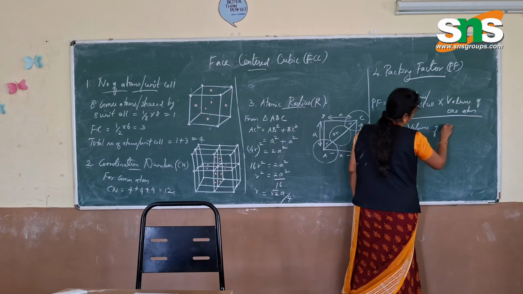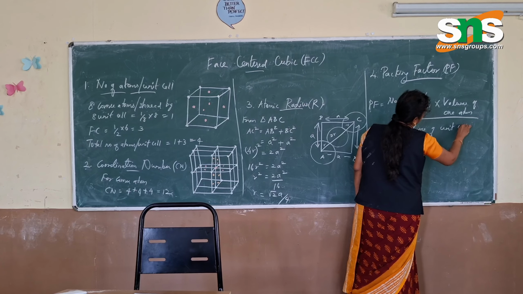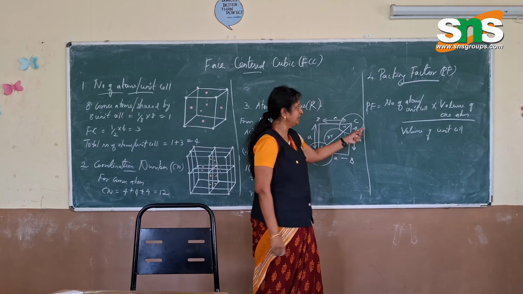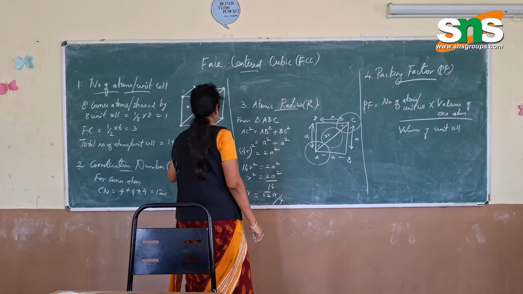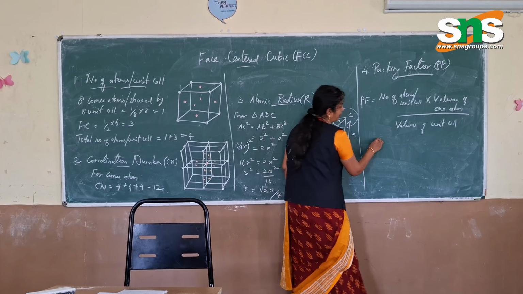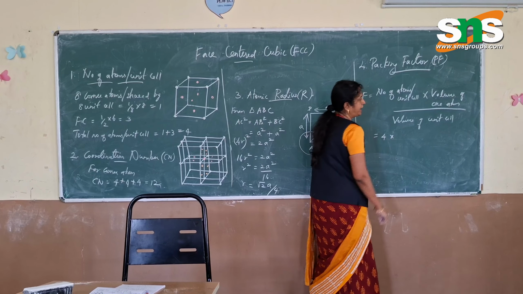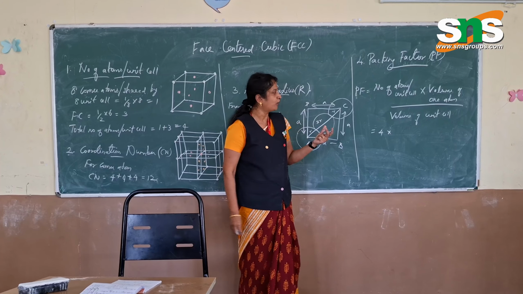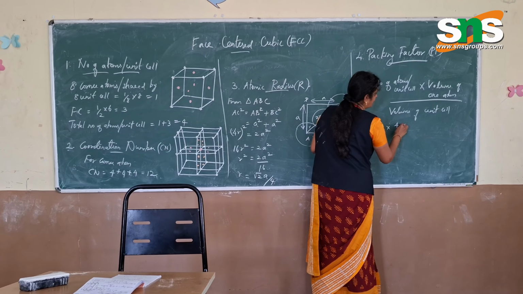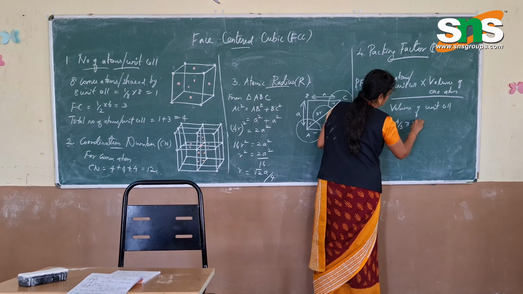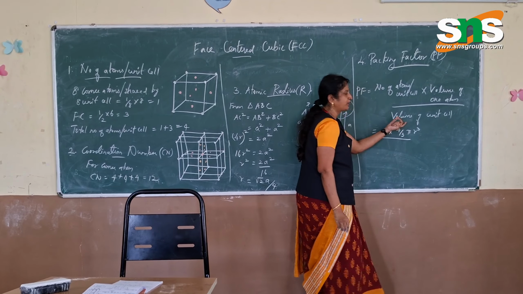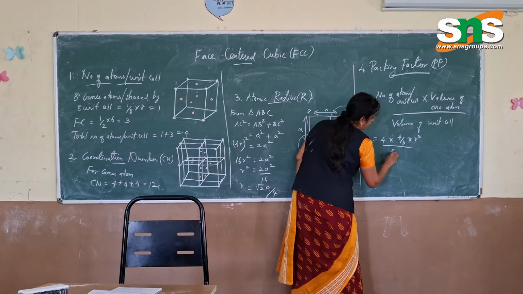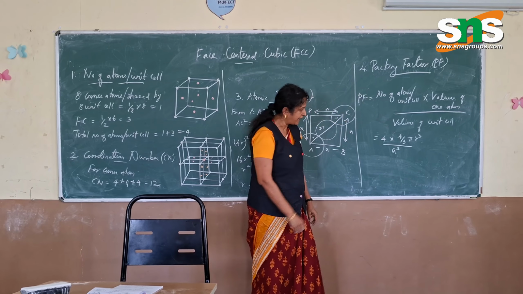By using this formula, we can calculate the atomic packing factor. Here the number of atoms per unit cell is 4, and the volume of one atom is nothing but the volume of the sphere, that is 4 by 3 pi r cubed, divided by the volume of the unit cell, which is nothing but a cubed if the side is a.